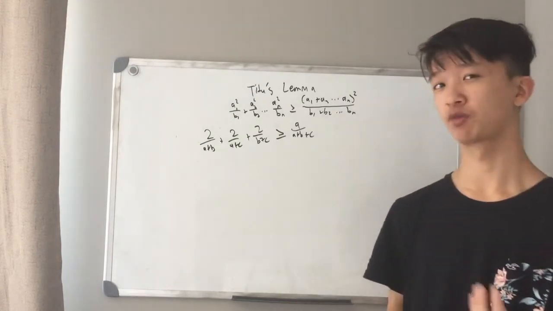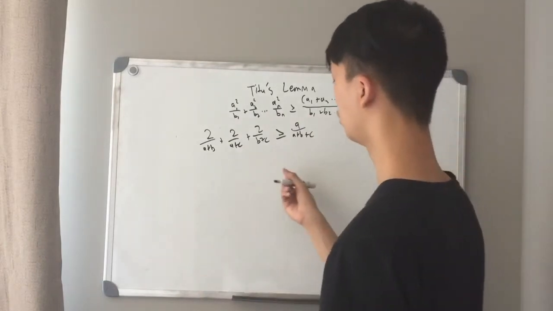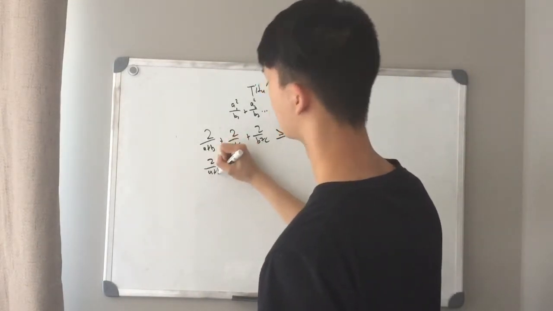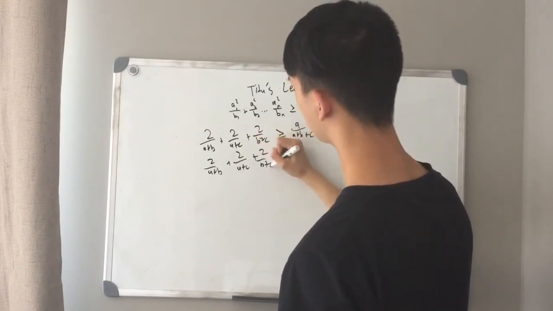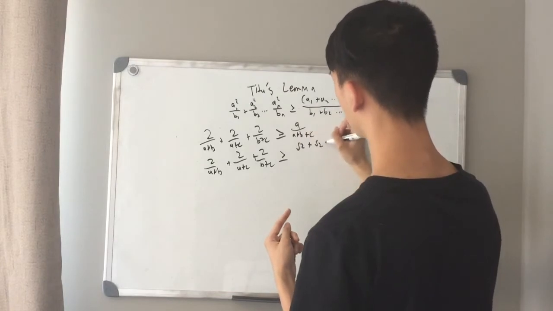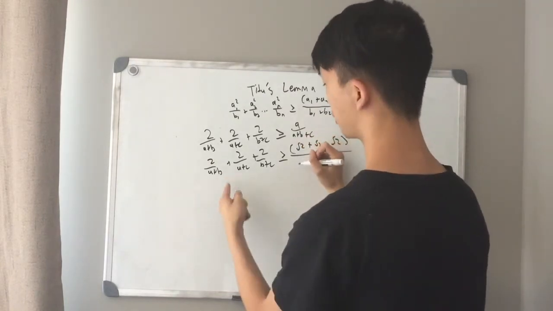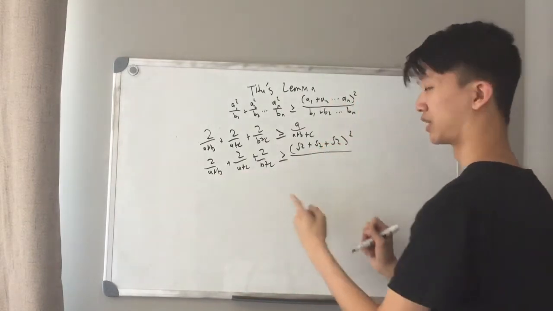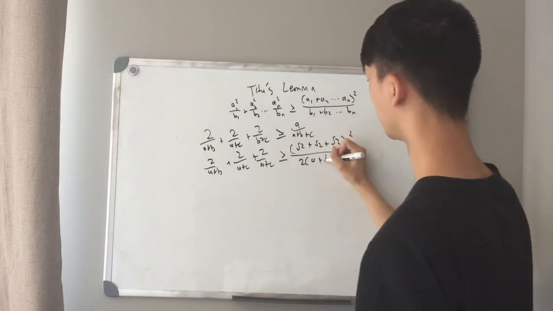But notice that our perfect squares don't need to be perfect. 2 is still equal to root 2 squared, and so we know that 2 over a plus b plus 2 over a plus c plus 2 over b plus c is greater than or equal to root 2 plus root 2 plus root 2, all squared, over a plus b plus a plus c plus b plus c, which is equal to 2 times a plus b plus c.